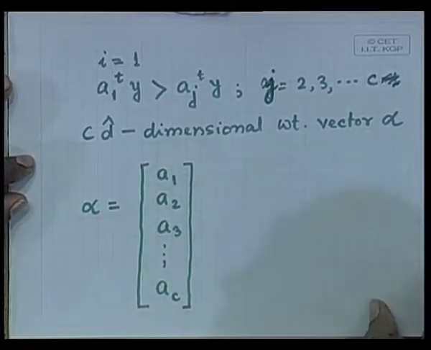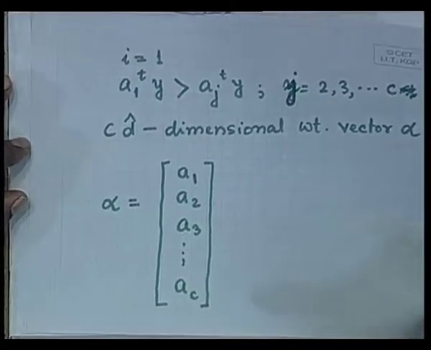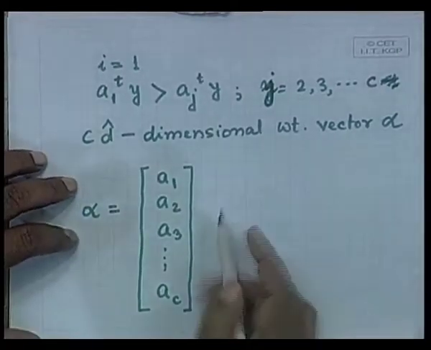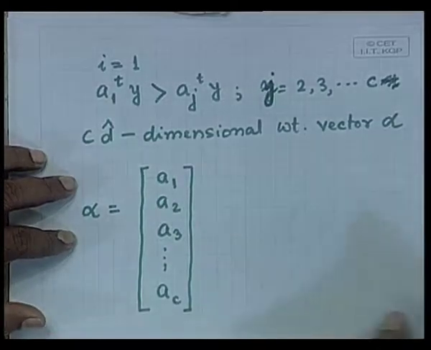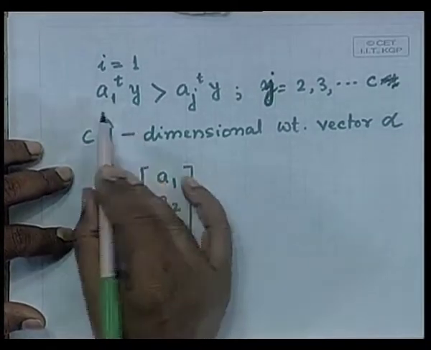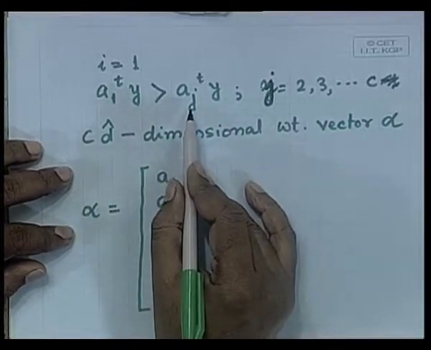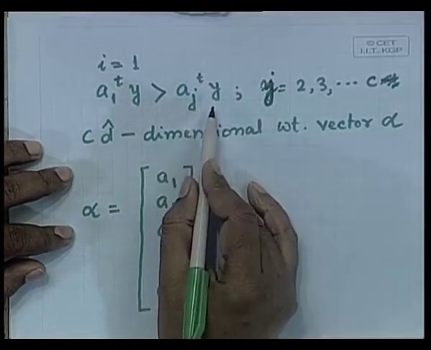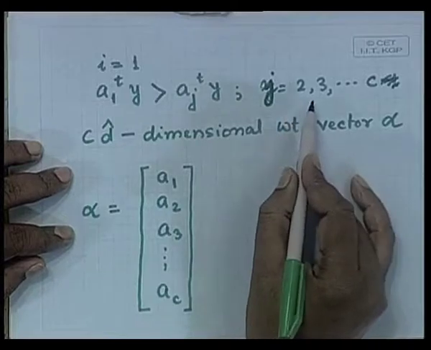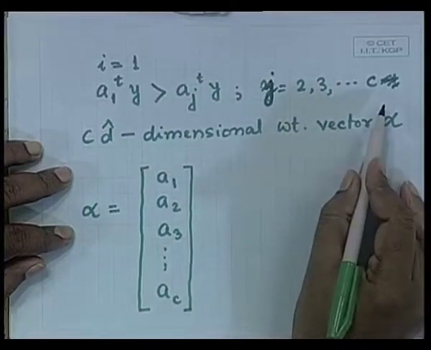So, we can think that this particular weight vector satisfies the condition that a 1 transpose y is greater than a j transpose y for all values of j varying from 2 to c.